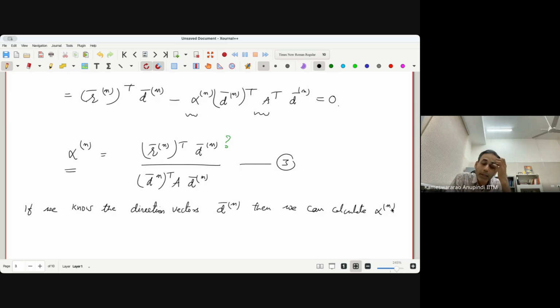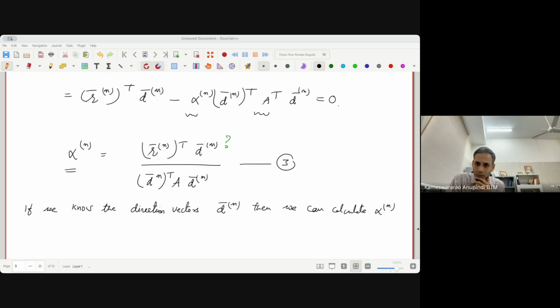Now you see, this is different from what we obtained in the steepest descent method. In the steepest descent method, we obtained alpha n purely in terms of residuals. You had something like R n plus 1 transpose R n plus 1 divided by R n transpose R n, right? There was no concept of D, because this is a new direction that we are defining.